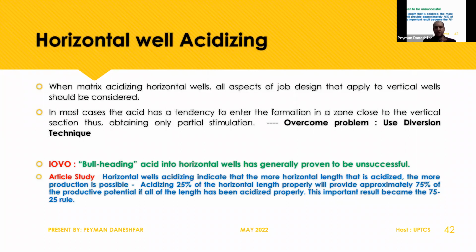And one small thing, in an article study of horizontal wells acidizing, they indicate that the more horizontal length that is acidized, the more production is possible. So acidizing 25% of the horizontal length properly will provide approximately 75% of the production potential.